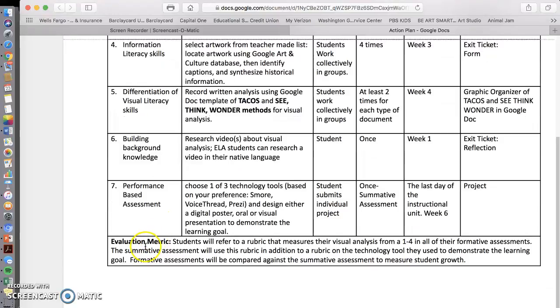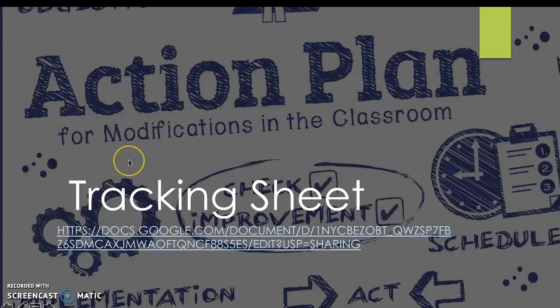Okay. As far as measuring that, students will refer to a rubric that measures their visual analysis from a 1 through 4 in all of their formative assessments. The summative assessment will use the rubric in addition to a rubric on technology tools that they use to demonstrate the learning goal. Formative assessments will be compared against the summative assessment to measure student growth. Okay, and I'm just going to go right back out of that to our presentation.